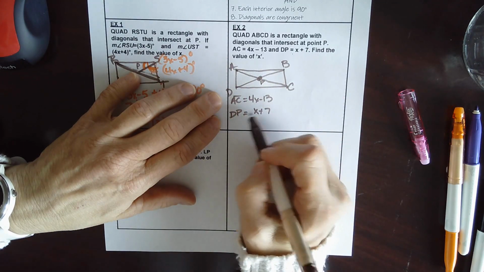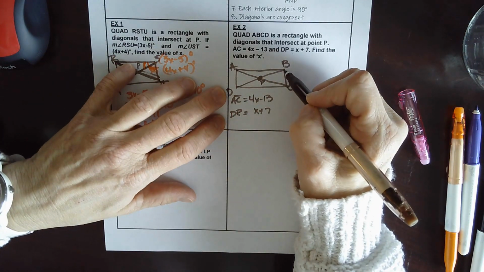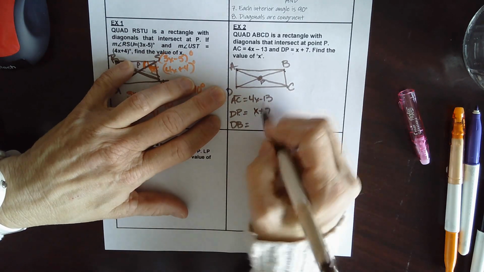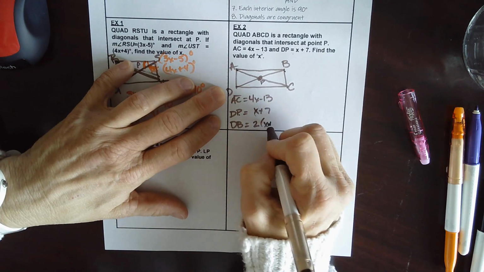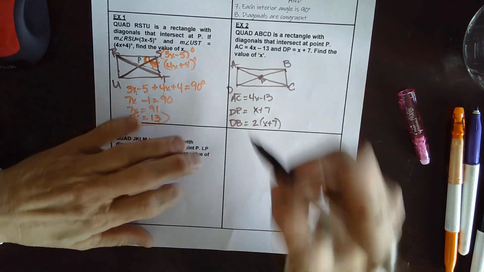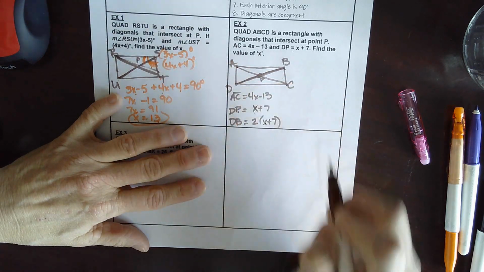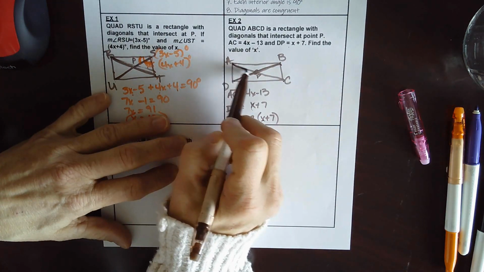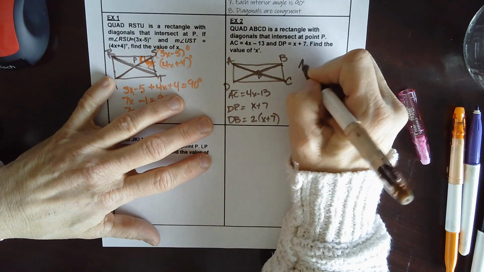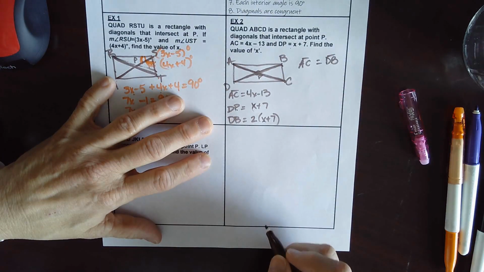Okay, well, if DP is x plus 7, what about DB? DB will be 2 of those, so that's 2 times x plus 7. Why did I need to do that? Well, because since this is a rectangle, I know that the length of this diagonal will equal the length of this diagonal. So I can take AC and set it equal to DB.